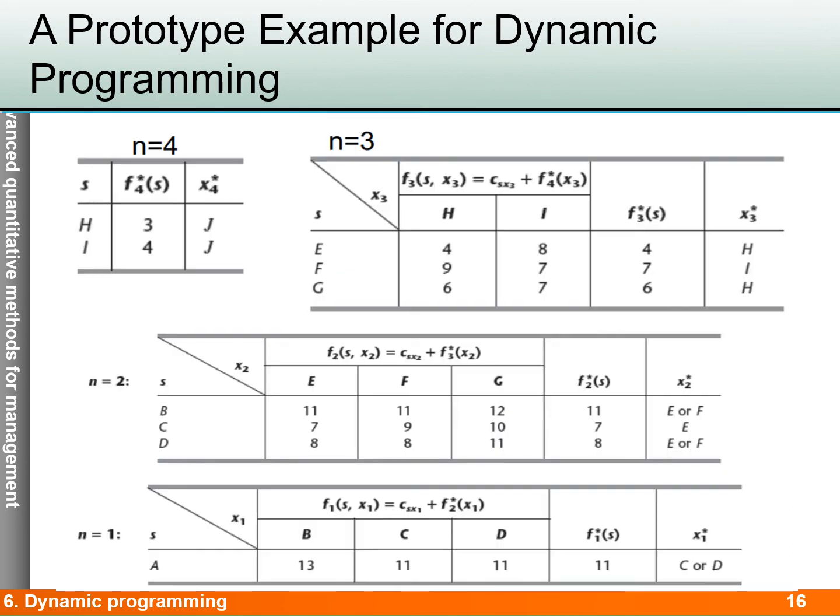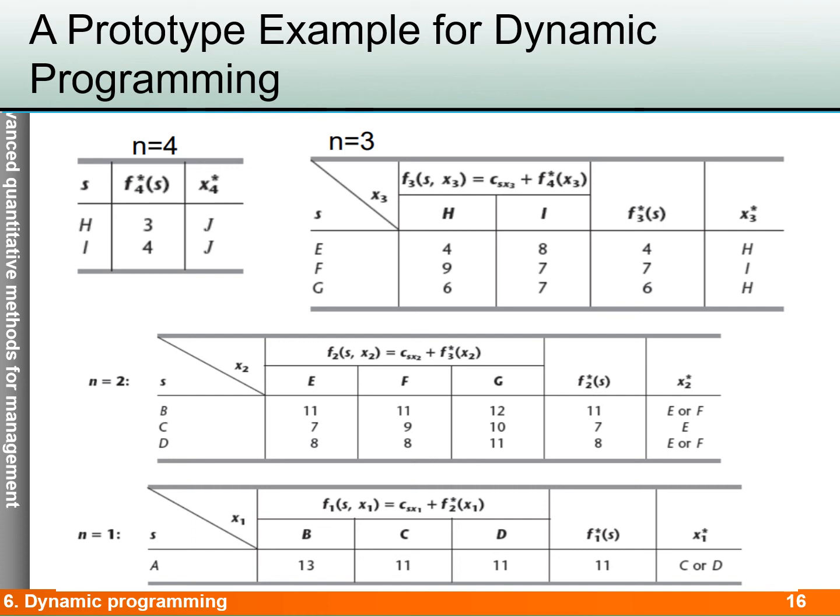Before going to the next slide, let's conclude what we learned from the different steps that we had. Obviously, the next slide is just an explanation of here. Now we have all the tables, n equal to 4, n equal to 3, n equal to 2, and n equal to 1. So now we are ready to find the optimal route or routes.